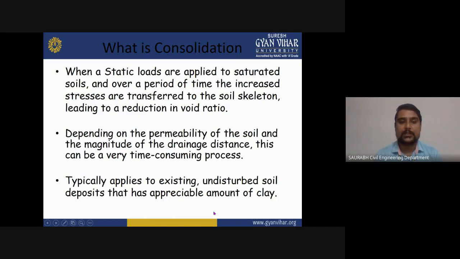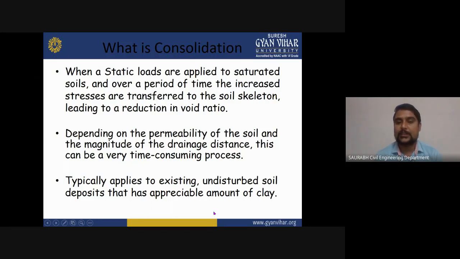And what is consolidation? We will also see that when static load is applied to saturated soil, over a period of time increased stress is transferred to the soil skeleton, leading to a reduction in void ratio. Depending on the permeability of the soil and the magnitude of drainage distance, this can be a very time-consuming process. It typically applies to existing undisturbed soil deposits that have an appreciable amount of clay.